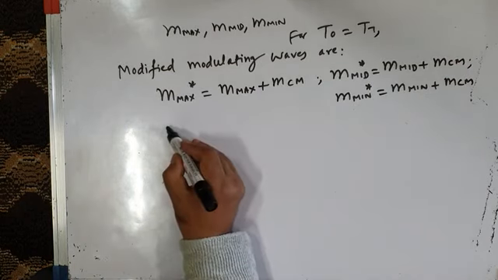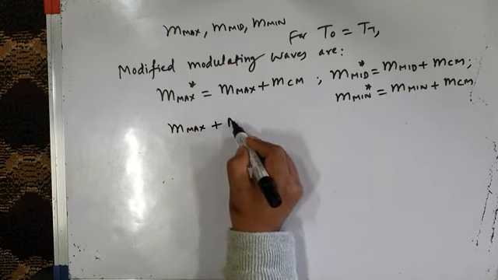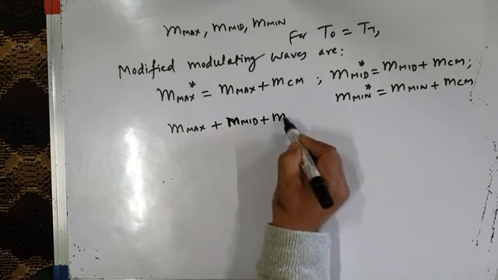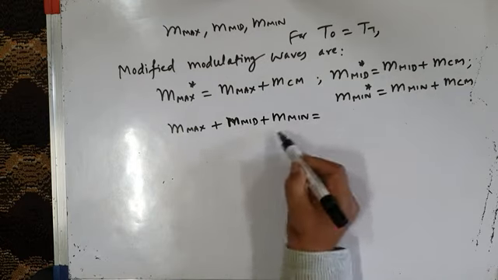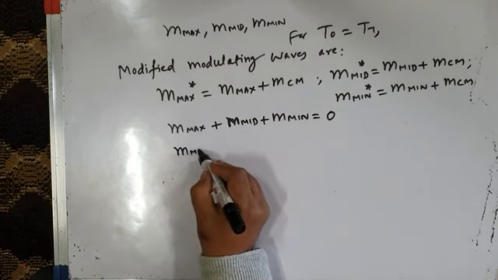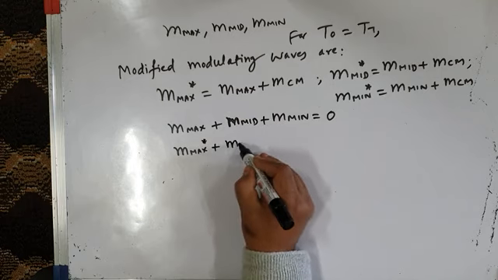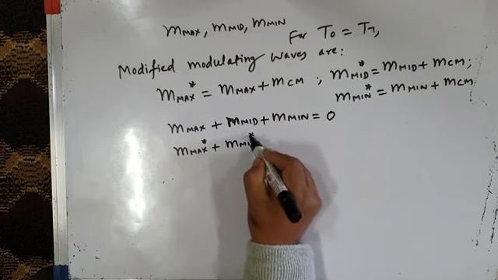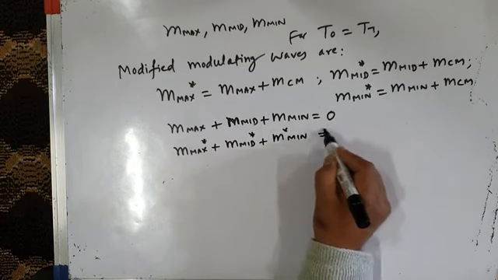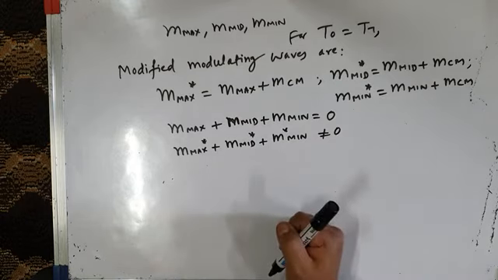Now we know that m max plus m mid plus m min, these three sinusoidal modulating waves, their sum is equal to 0. But the sum of modified modulating waves, m max star plus m mid star plus m min star, this sum is not equal to 0. It's not equal to 0. We already know, I have discussed it a few moments back.